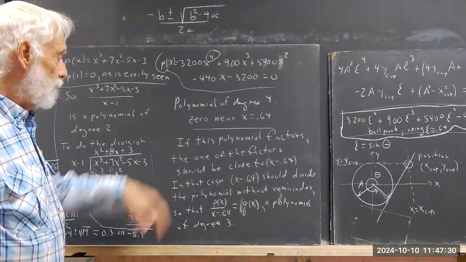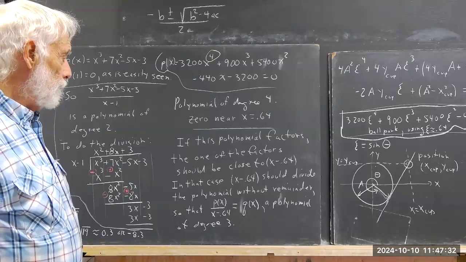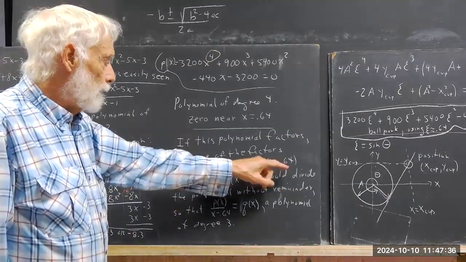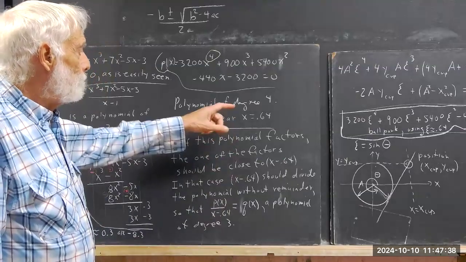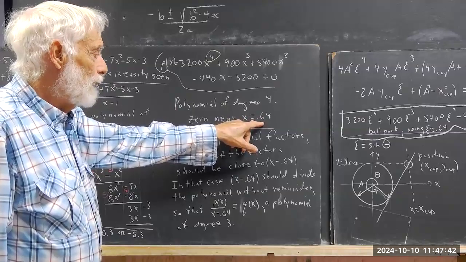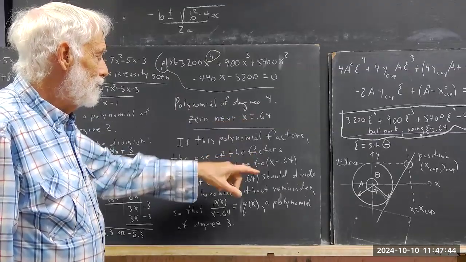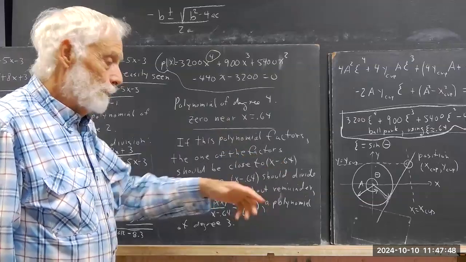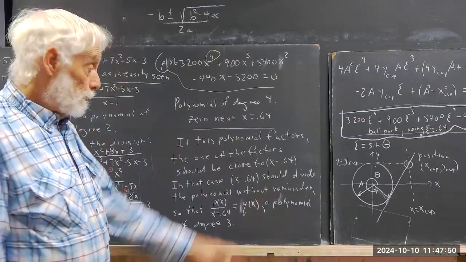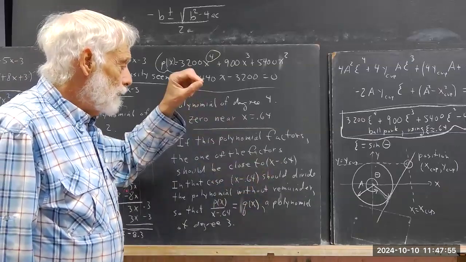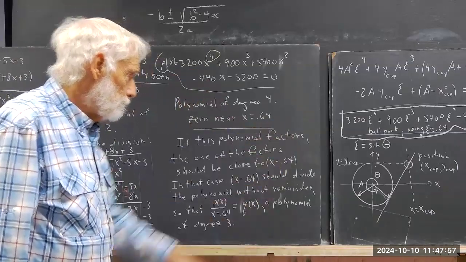Okay, so if this polynomial factors, I'm going to say that one of the factors should be close to x minus 0.64, because if you do x minus a number that makes it 0, then x minus that number is going to be a factor. Now 0.64 is not exactly a factor, but it's going to be close.